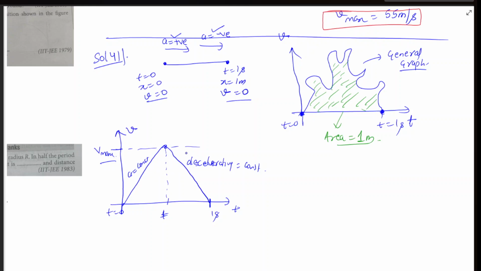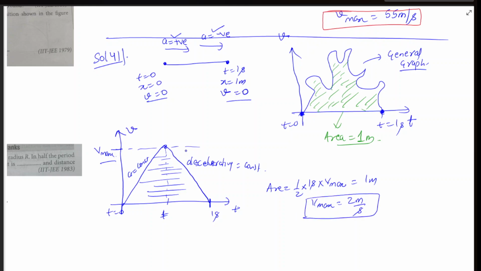Let's find Vmax here. What is the area here? Area will be half times base, which is 1 second, times height, which is Vmax, and it turns out to be 1 meter. So Vmax will be 2 meters per second, right?